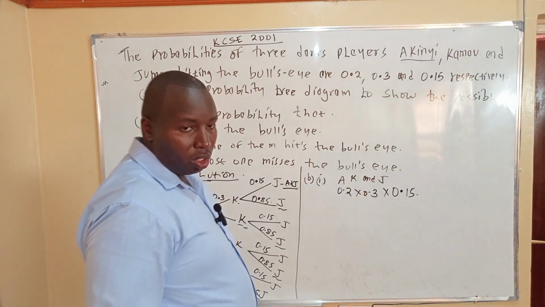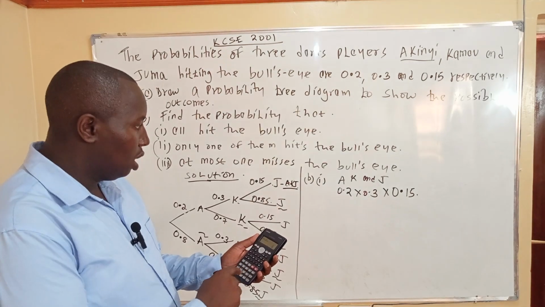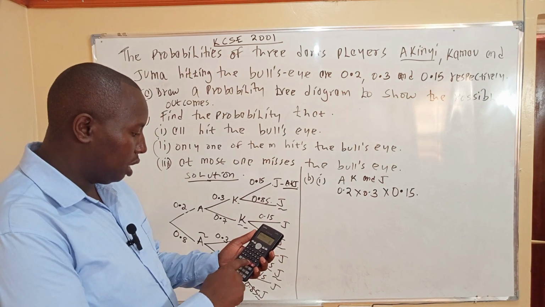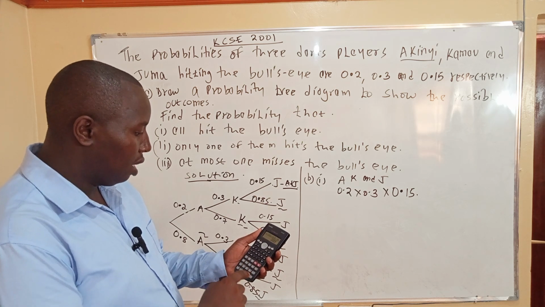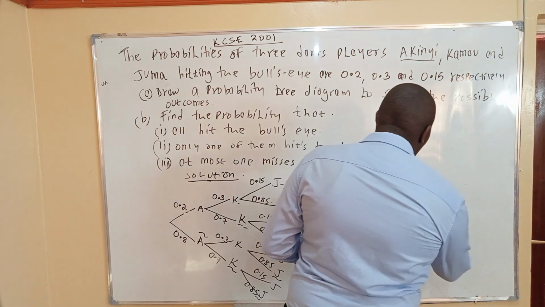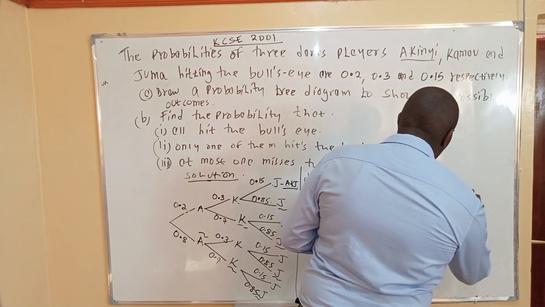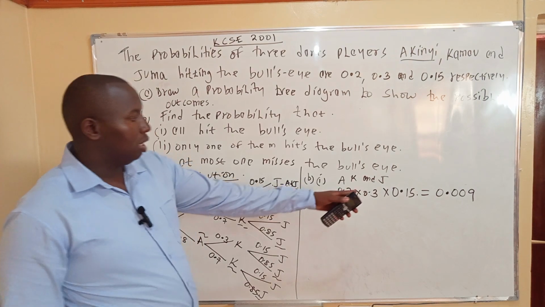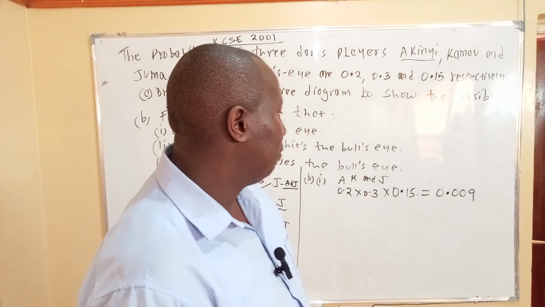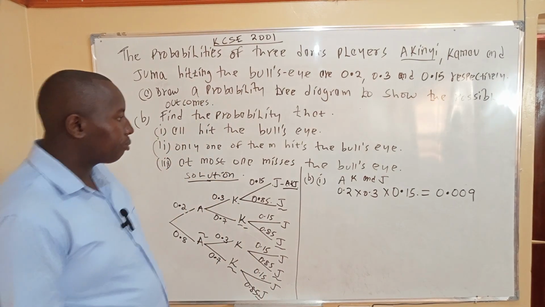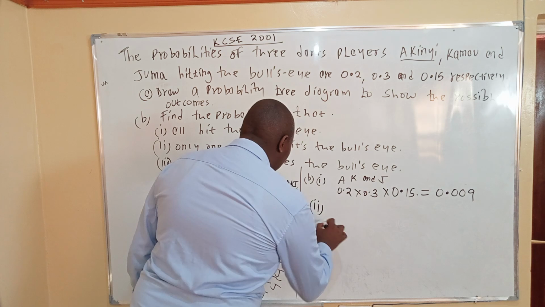Do not convert them to fractions. Work them the way they are, in decimals. 0.2 times 0.3 times 0.15. And the answer for all hitting the bull's eye is 0.009. That's question 1. Then you go to question Roman 2.